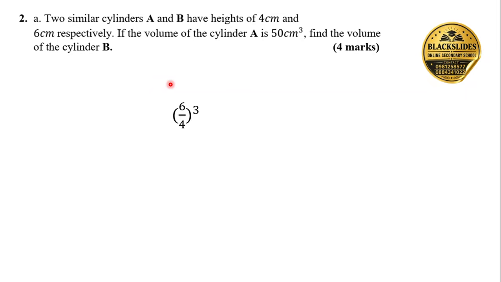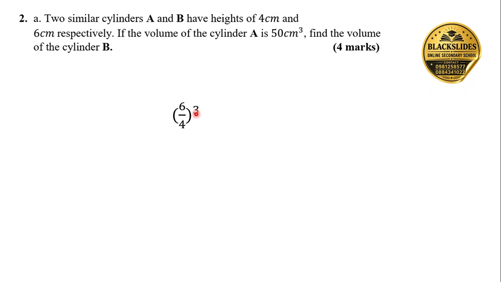So the ratio of B to A is just 6 to 4, and the factor with which A is multiplied to produce B is going to be raised to the power 3.